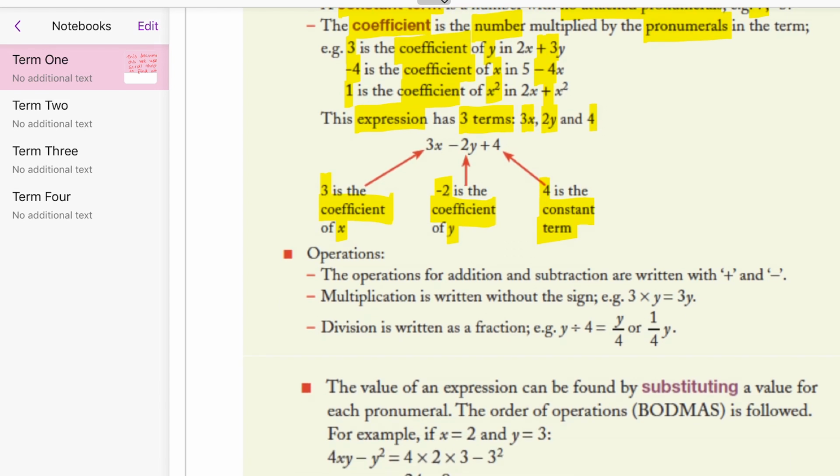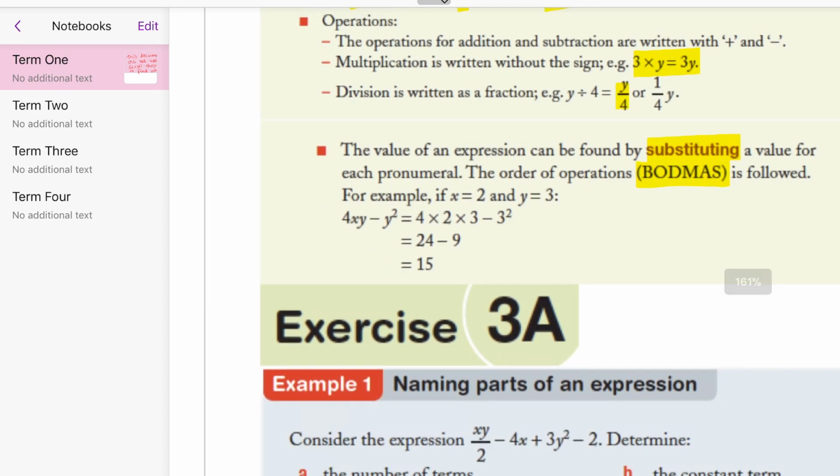We do need to remember our order of operations when we do substitution. So just remember that with substitution, there's BODMAS or BIMDAS, as you might know it as. All right. And we use the fraction line for divide, and we do not write the multiplication sign. So if it's 3 times y, it's 3y.